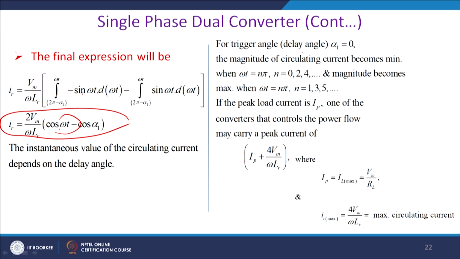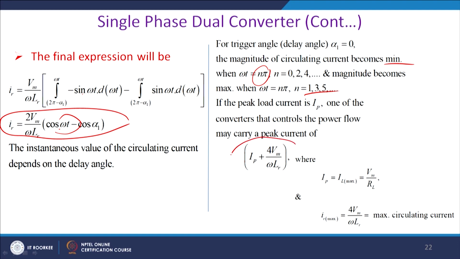So, for triggering angle alpha equal to 0, the magnitude of the circulating current becomes maximum when omega t equal to n pi, and for the odd harmonics, at the peaks of the load current IP, one of the converters is giving you the current.